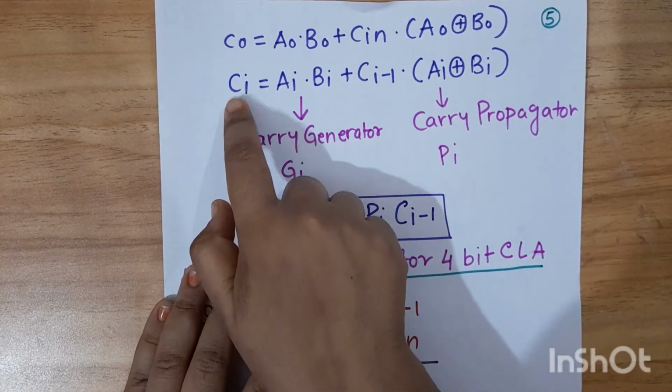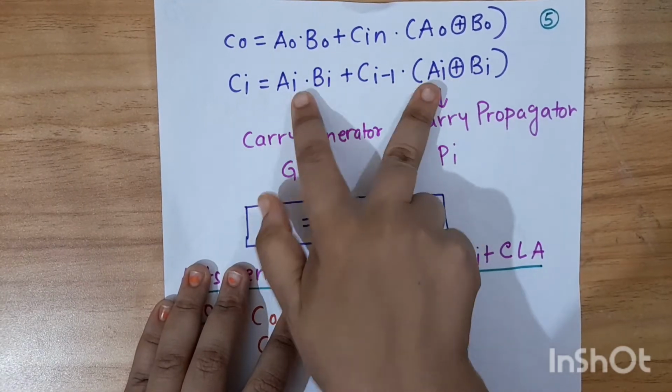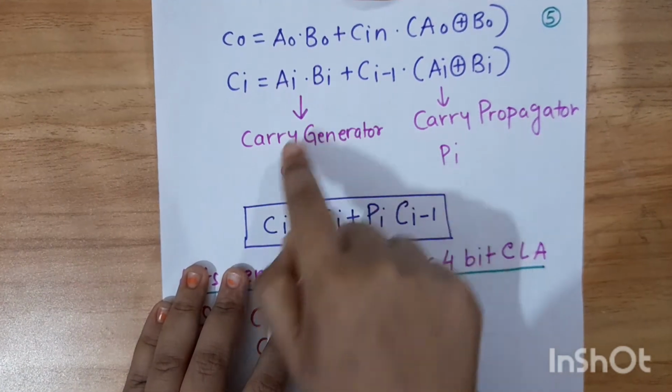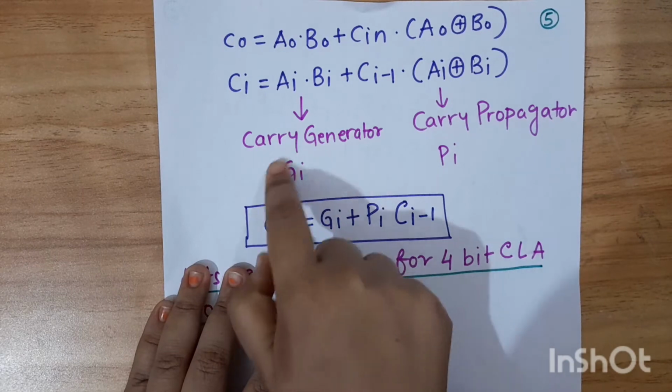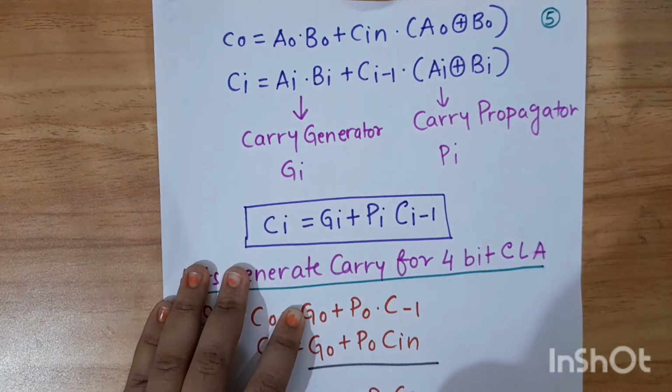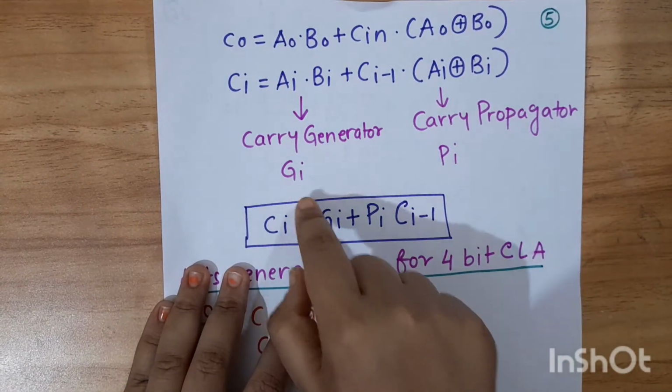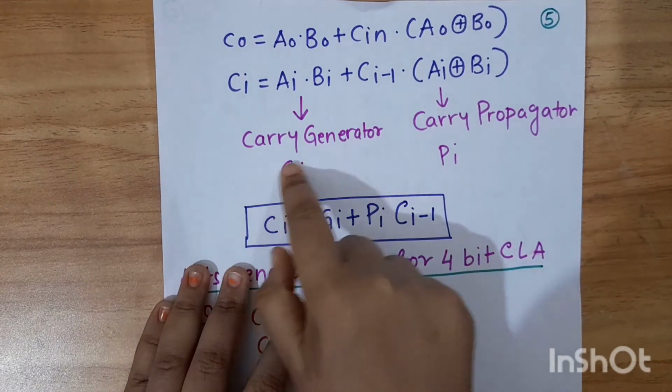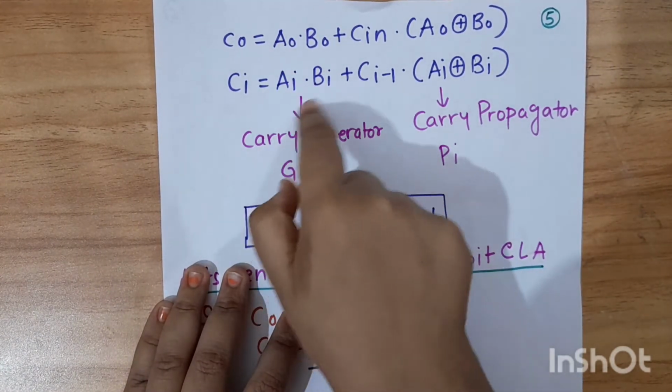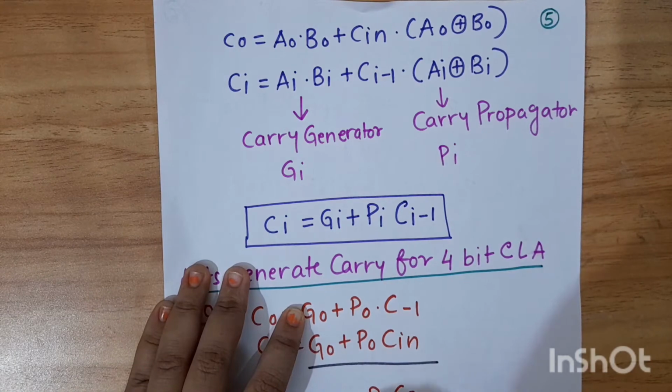where Ci is equal to addition of 2 terms. First term is called the carry generator, where we write it as Gi. Gi means carry generator. There is no dependency on previous stage carry, so it is called carry generator.